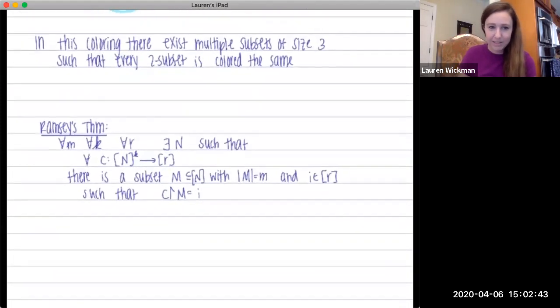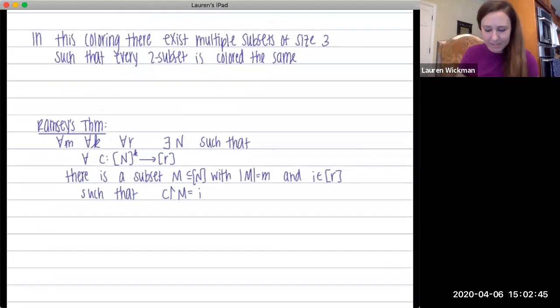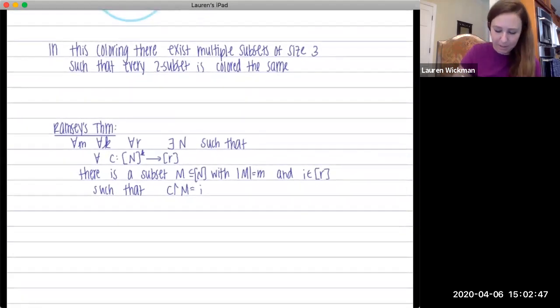So here's Ramsey's theorem. It's just extending those examples that we had above. So it's saying no matter what m we choose, so the m we chose above was 3. So no matter how big we want our monochromatic set to be, and no matter what k we choose, so no matter how big the subsets are, so we chose 2 for our subsets before, so we made our subset size 2.